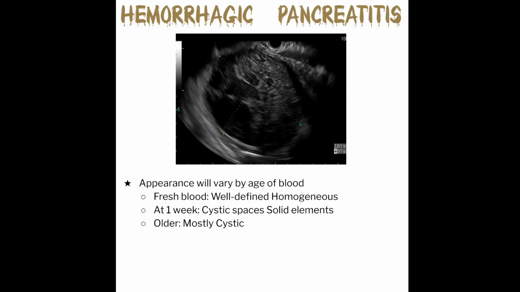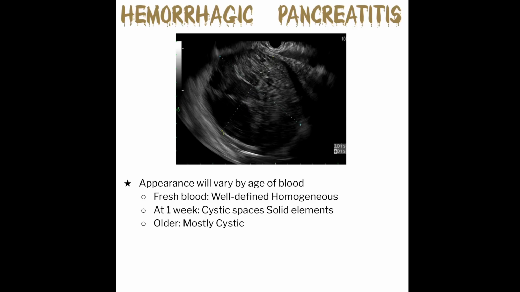As far as ultrasound goes, then hemorrhagic pancreatitis is actually going to take on a few different looks. And that has everything to do with the age of the blood. So if there were fluid collections or a necrotic collection or some collection of enzymes, they start to eat through a blood vessel and the blood vessel starts bleeding.